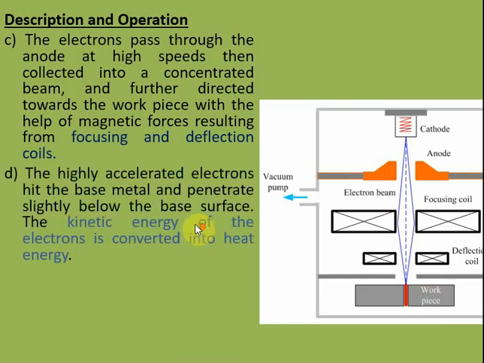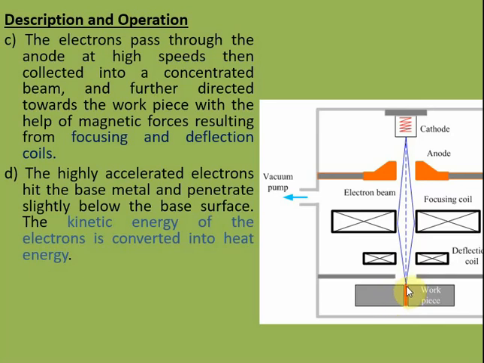The highly accelerated electrons hit the base metal and penetrate slightly below the base surface. The kinetic energy of these electrons will be converted into heat energy, which makes a heat zone in the workpiece.